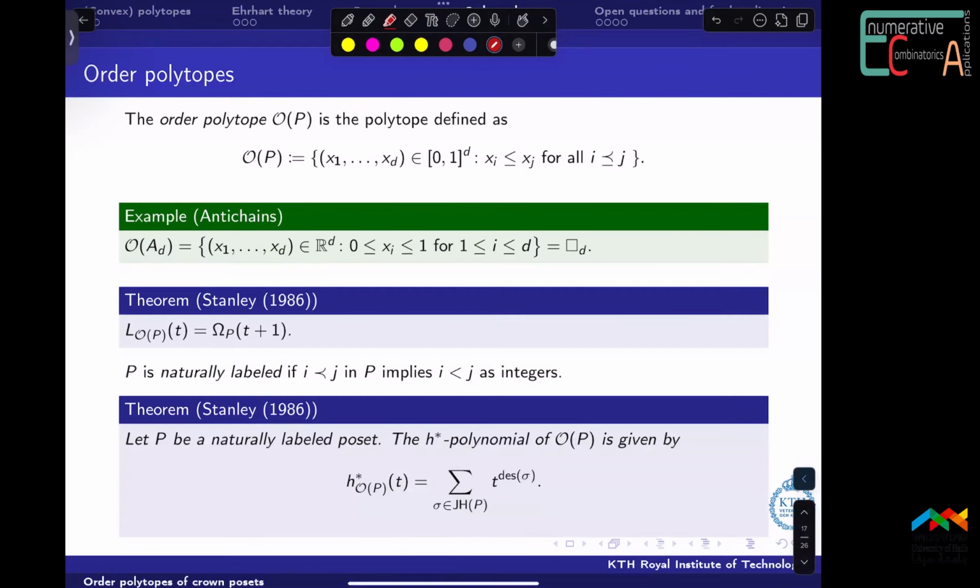And if my poset P is naturally labeled, naturally labeled meaning that if i is smaller than j in the poset, then i is smaller than j as integer numbers, then the h-star polynomial of the order polytope of P is going to be the P-Eulerian polynomial of my poset P. Okay, this is pretty much the background that we need.